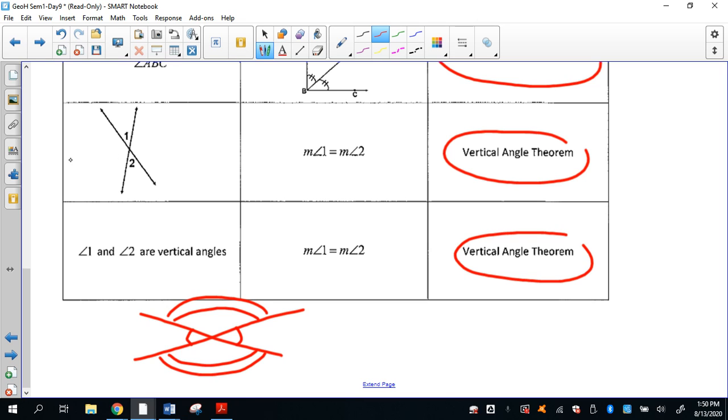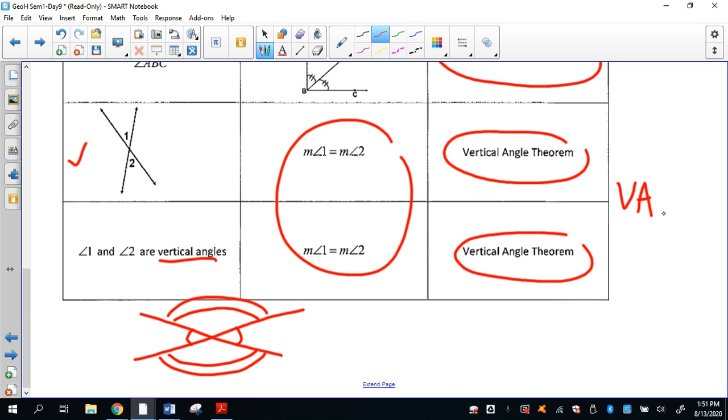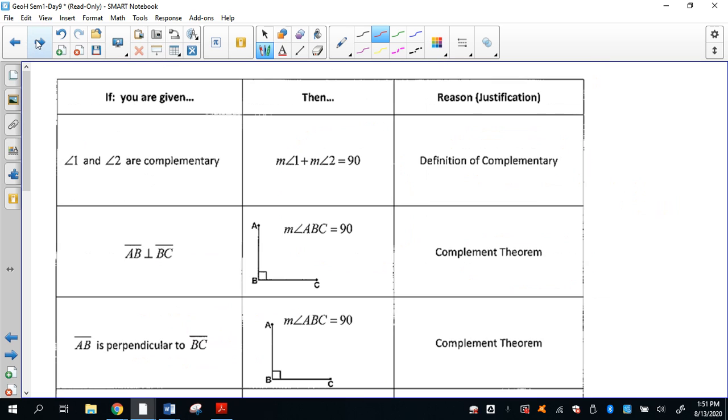It doesn't matter if they give you a picture or if they give you the words here, you just use the vertical angle theorem. The definition of vertical angles just tells you what they are. It doesn't tell you that the measures are equal. So here you have to use the vertical angle theorem. If you write down vertical angle theorem once on your sheet of paper, after that you can write VAT. Okay, so that's all review pretty much.